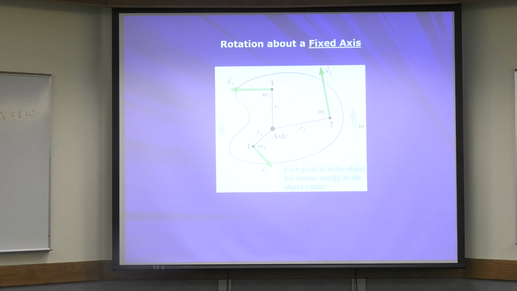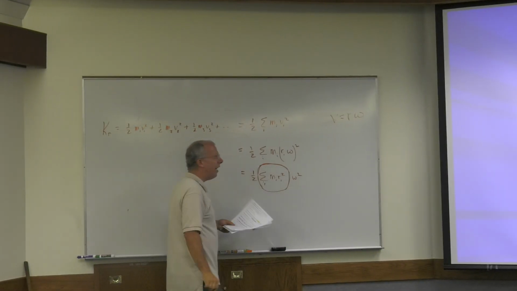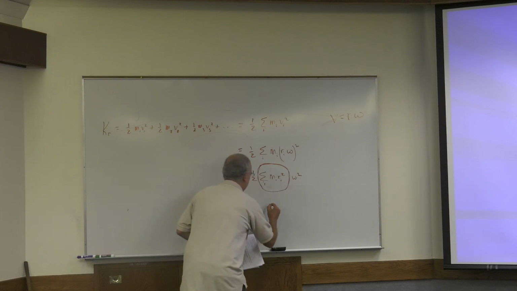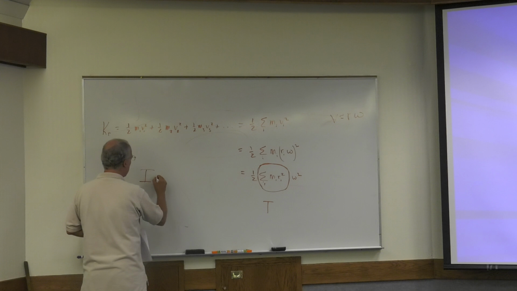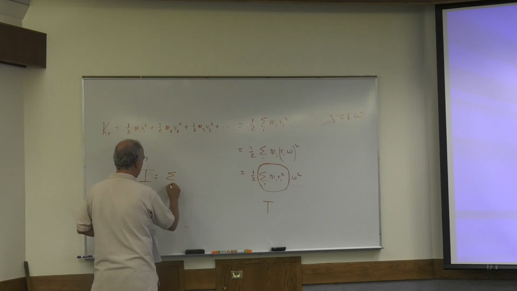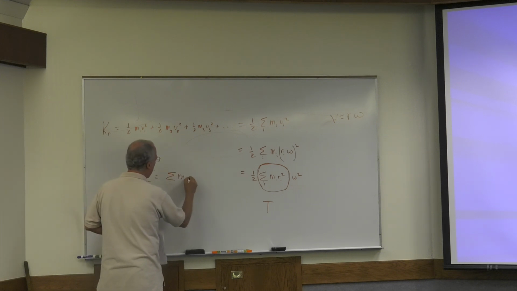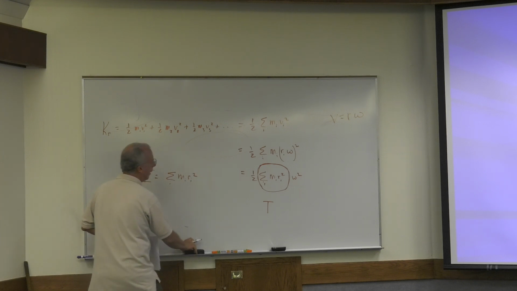This thing here has a name, and we're going to use it a lot. It's called the rotational inertia, I. So I is called the rotational inertia, and it's the sum of mi ri squared.